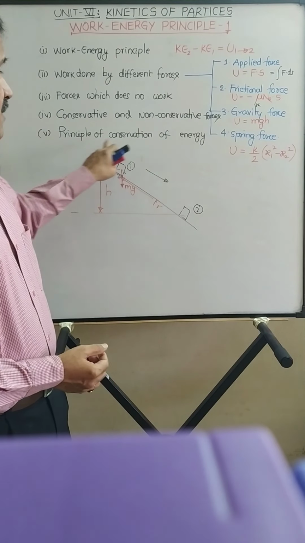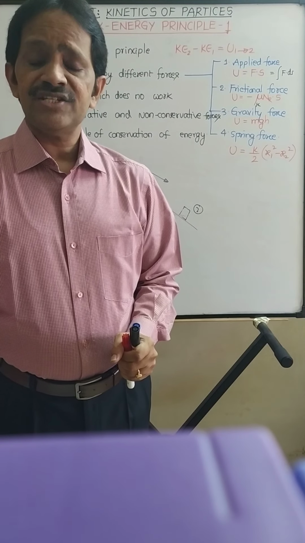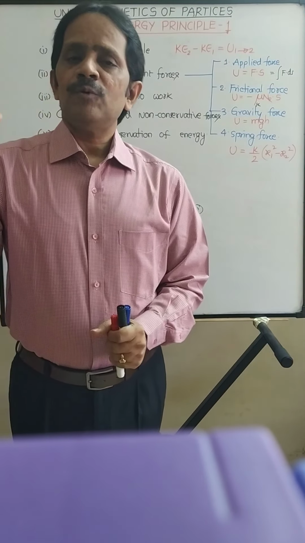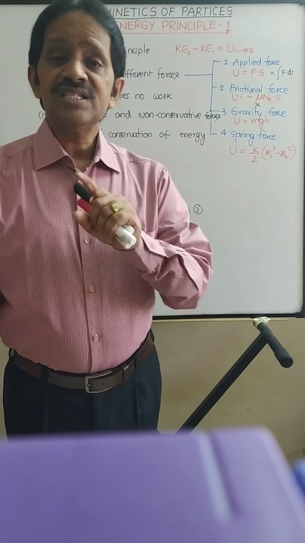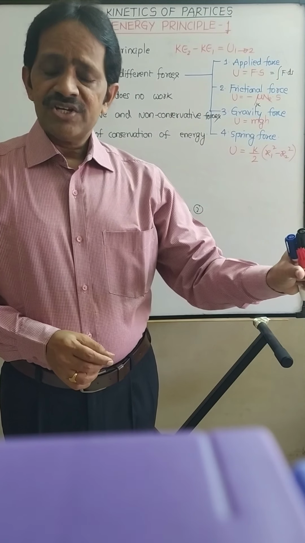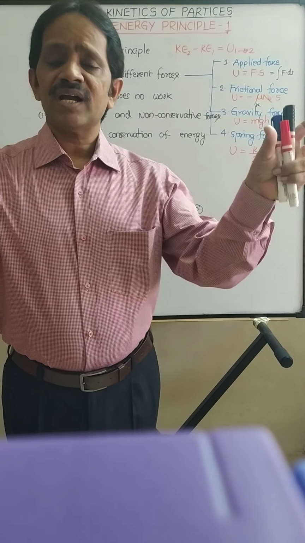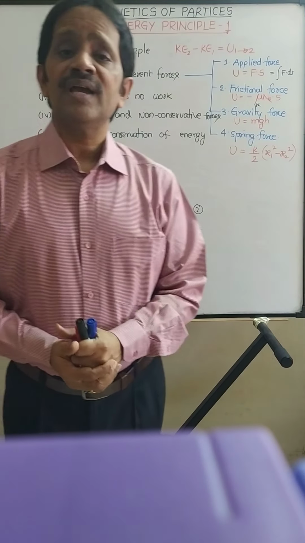As per the principle of conservation of energy, the sum of potential and kinetic energy of the system remains constant. So potential energy plus kinetic energy at position 1 is equal to potential energy plus kinetic energy at position 2. So the total mechanical energy remains constant, known as the principle of conservation of energy.